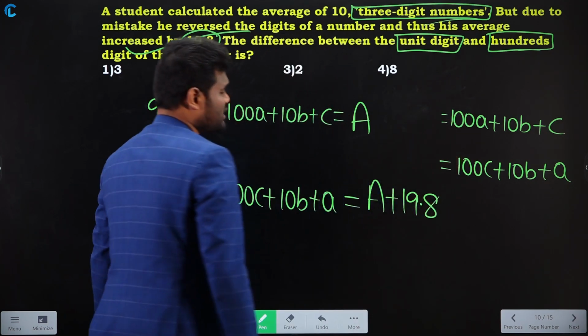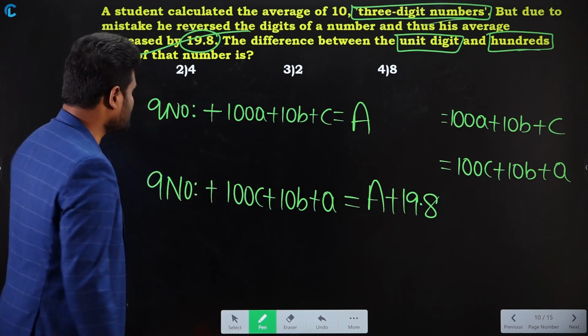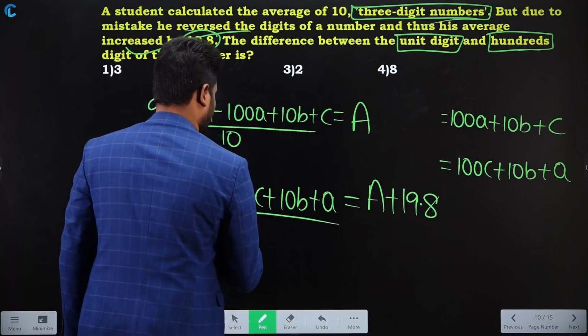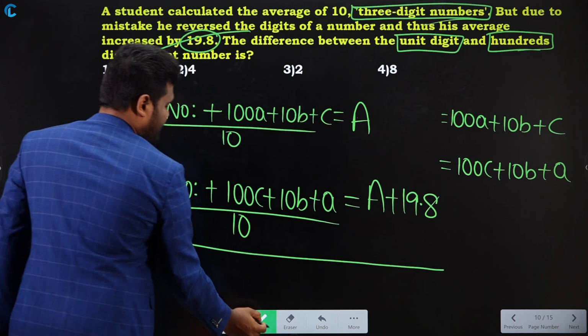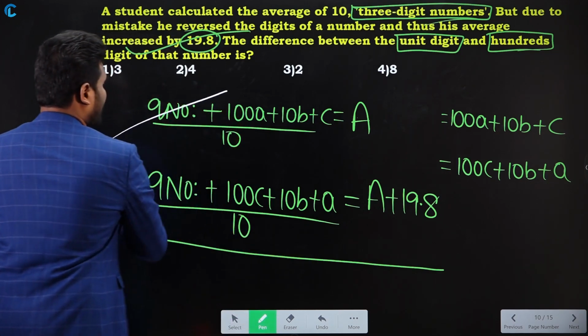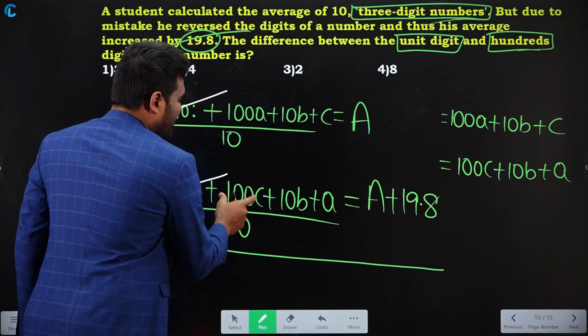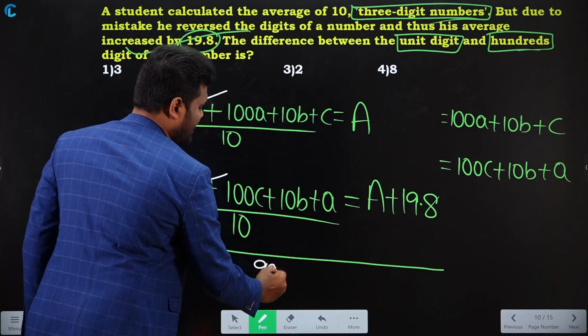Now they are asking us to find the difference between the unit digit and the 100 digit. Simple, same procedure. As it is 10 numbers, divide by 10, because we are calculating the average here. So if you take the difference, 9 numbers get cancelled. Now 100A minus A is nothing but 99A.